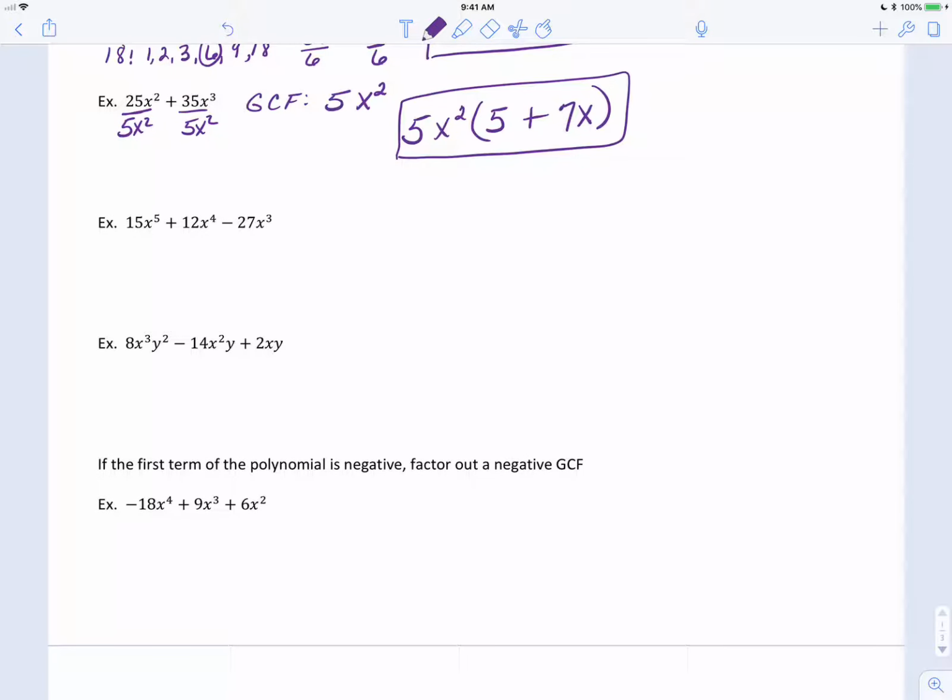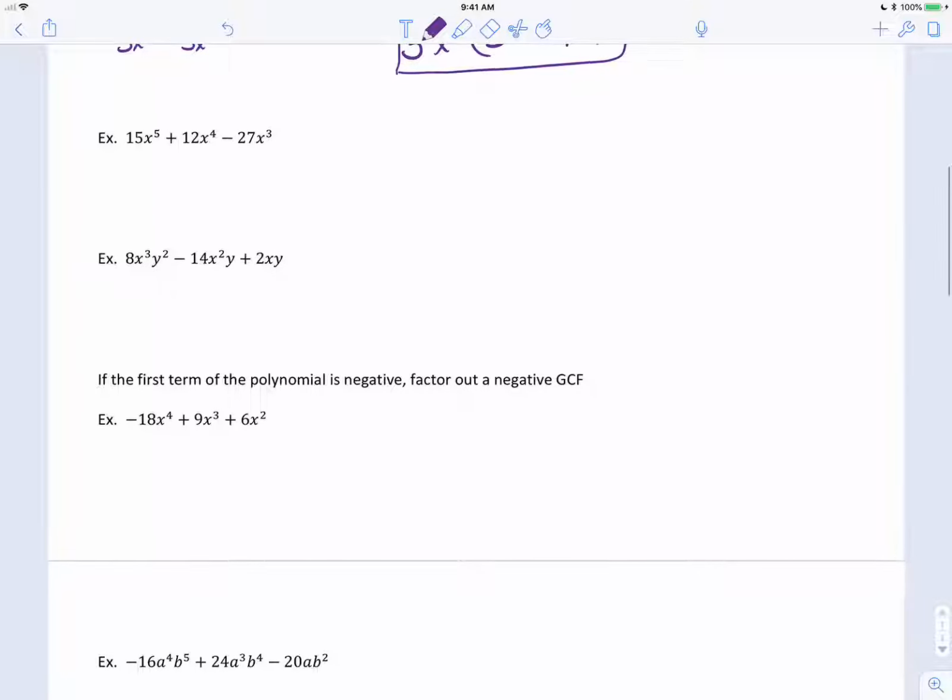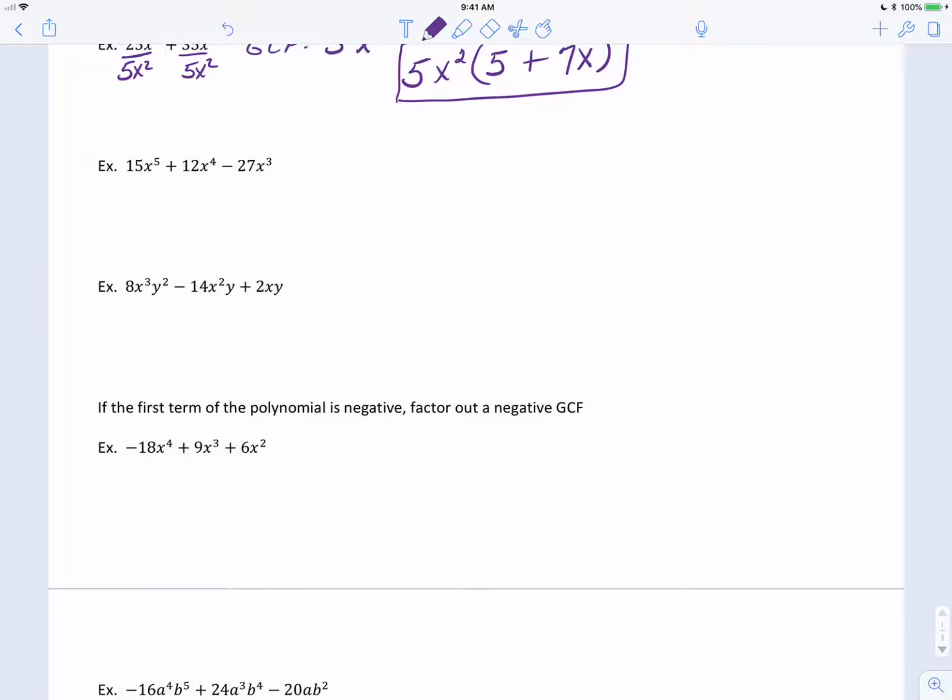Okay, so now we've got 15x to the 5th plus 12x to the 4th minus 27x cubed. Well, we've got the numbers 15, we've got 12, and we have negative 27. Well, what number is going to go into all of those? So we're going to list out those factors.